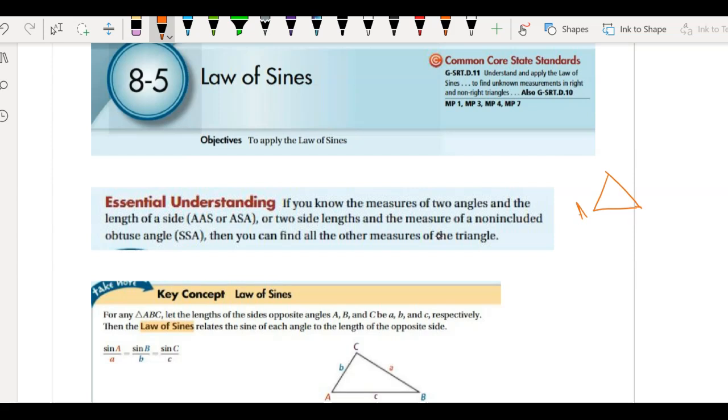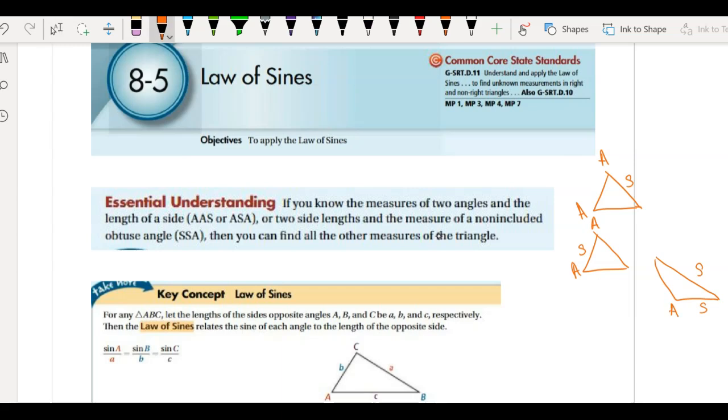and you can use the law of sines when you have angle, angle, side. You can also use it when you have angle, side, angle. Or if you have an obtuse triangle, you can use it when you have side, side, angle.